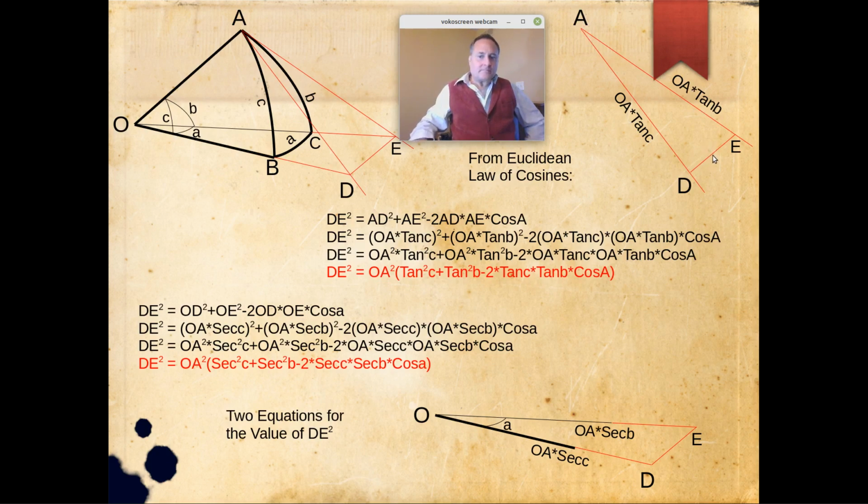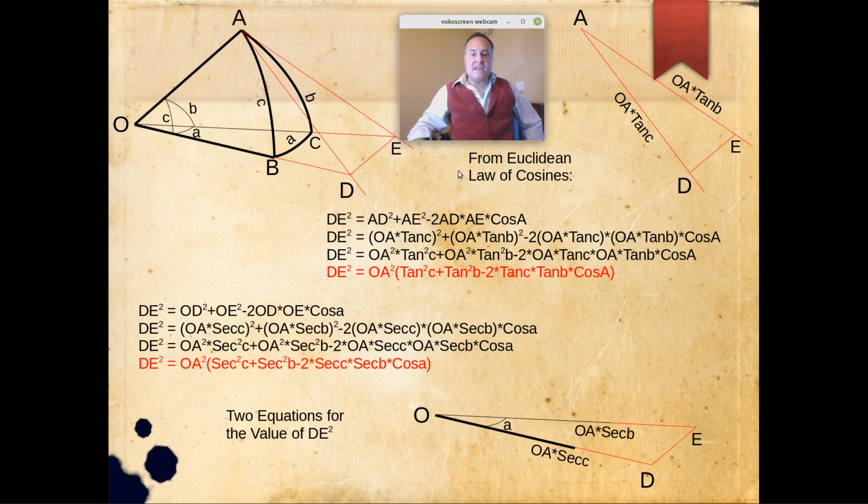And so we see the opportunity to use the Euclidean law of cosines. We know that the square of the missing side is equal to the square of one of the adjacent sides plus the square of the other adjacent side minus 2 times the product of the sides, that's AD times AE, times the cosine of the angle they enclose. That's the cosine of A.